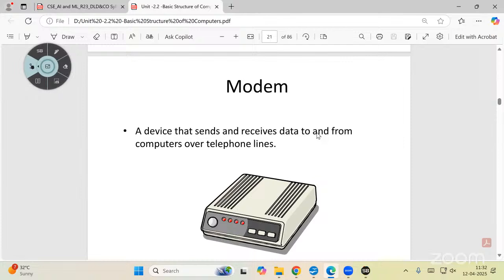LAN wire, that is a local area network wire. So that is modulator and demodulator. Without this modem, we can't use the internet in our laptops or desktop computers. Nowadays, all are coming inbuilt. They are built in and come together. All are assembled in a single unit.